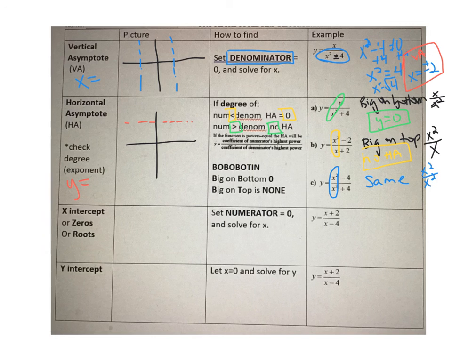So this is 1x squared divided by 1x squared. Therefore, my horizontal asymptote is simply y equals 1. Again, why is it 1? Because if we look at our coefficients here, we have not a number there, which is an implied 1, divided by 1, which is 1.